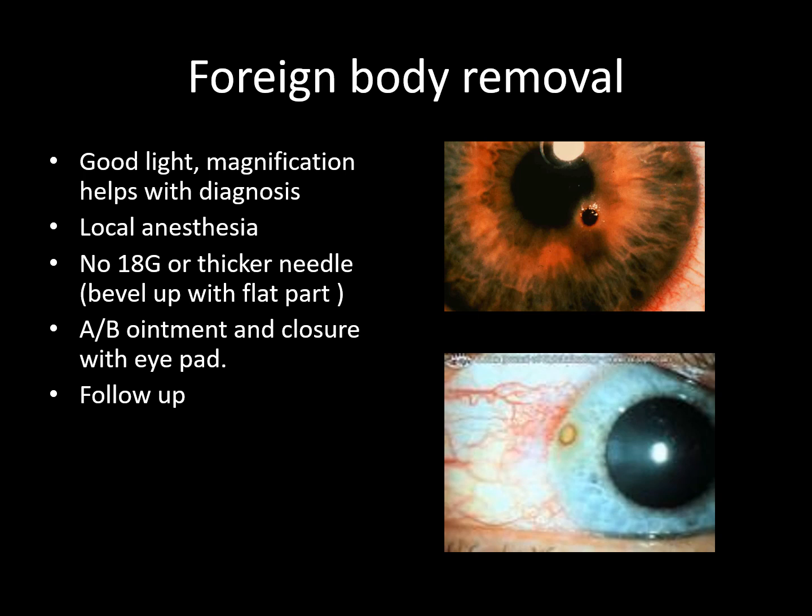And then, of course, whenever you've scraped the cornea or damaged the epithelial surface, your stroma is exposed and your eye is in danger of getting infected. So always use antibiotic ointment after removing a corneal foreign body, and you can just close it with an eye pad.